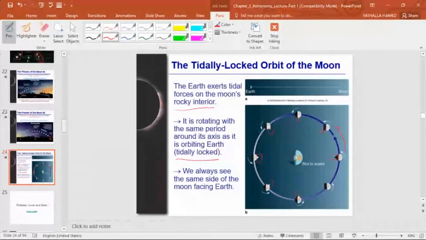The moon is orbiting the Earth because the gravity of the Earth is pulling on the moon. So you can basically tie something to a string and whirl the string around, and you see the object going in a circular motion around the center, which is your hand. And the reason for that is because you're pulling on it.